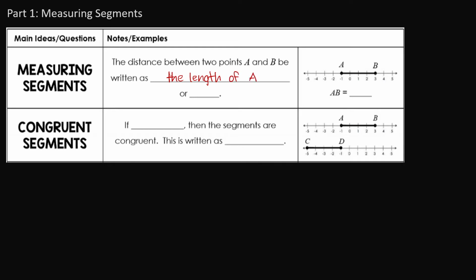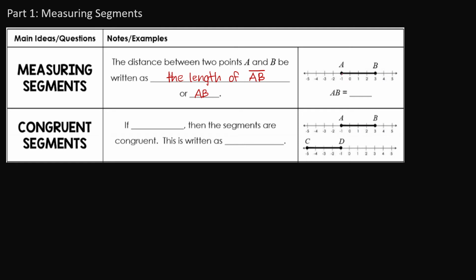AB. And the notation for a line segment looks like this. It's just a bar over the endpoints of the segment. So we can call it the length of segment AB, or without the notation, this is just AB. AB just means length of AB. So over on the right column here, let's just measure this segment.